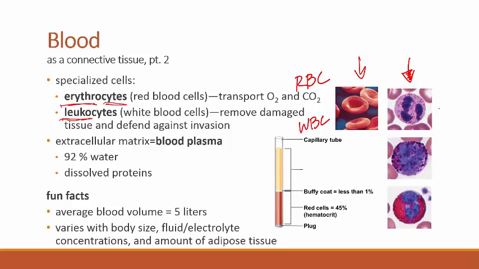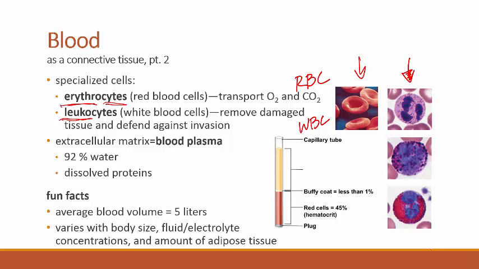They are stained, so this coloration that we see here is not the real coloration that you would see in a white blood cell. They are whitish colored, but the graininess is what they're trying to demonstrate for you by staining them. So these are some examples of white blood cells. So those are the specialized cells.